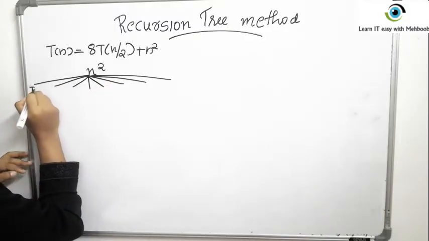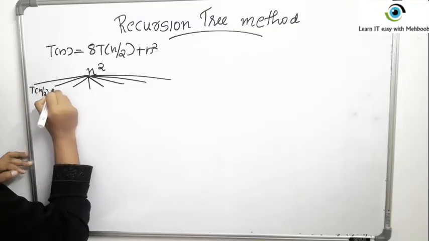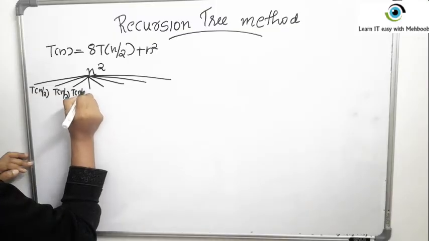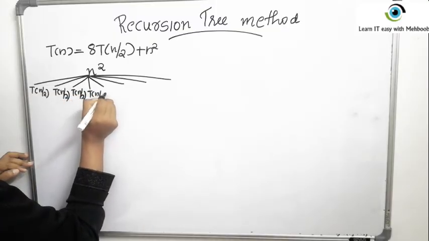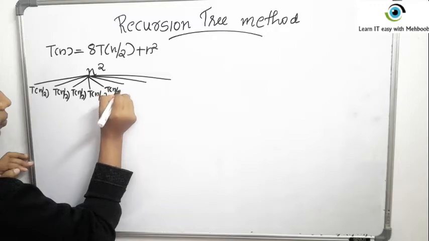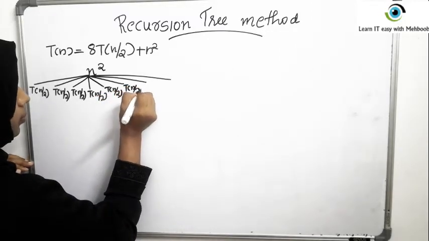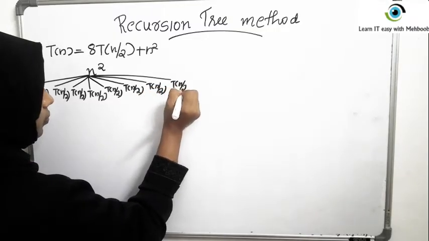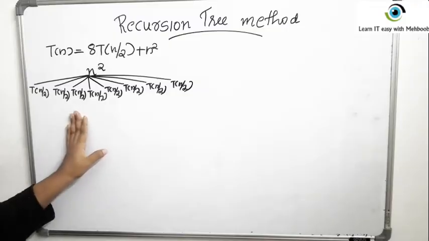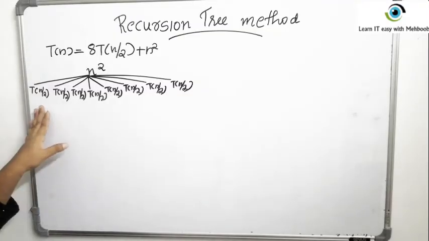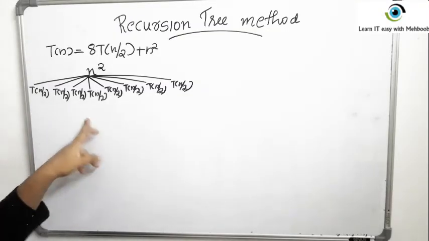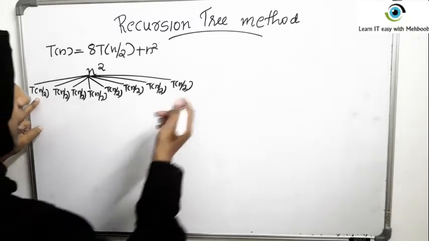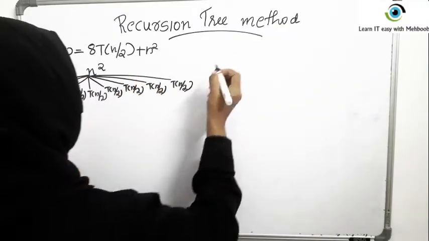So 8 T of n by 2's, these are the individual subproblems. So now see again, as we have done earlier, you have to expand this T of n by 2. See, T of n is 8 T of n by 2 plus n square.